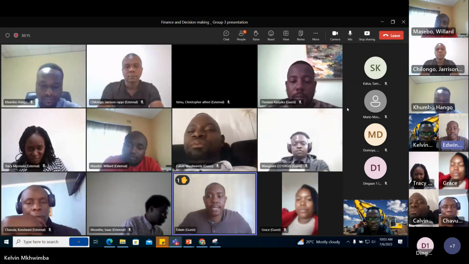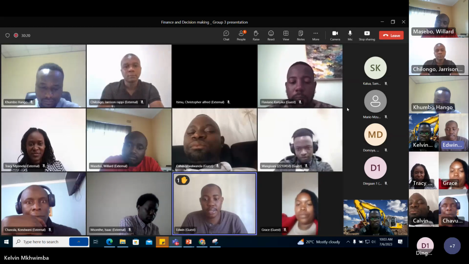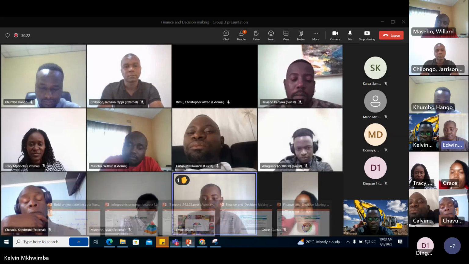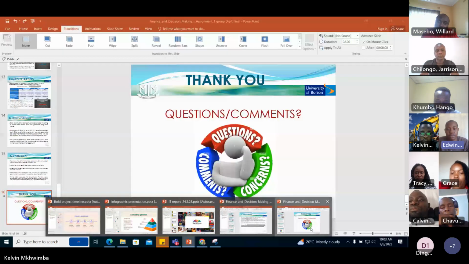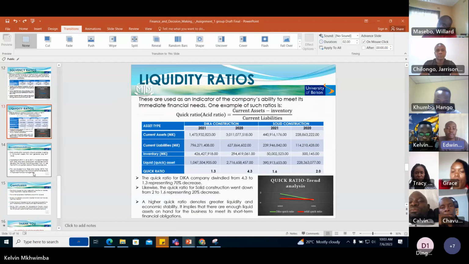You indicated that a higher ratio does not always indicate that it's a good thing, despite it being an indicator that a firm is able to pay its short-term loans. My question is, what can be some of the ways whereby a firm can utilize its assets to decrease the quick ratio?